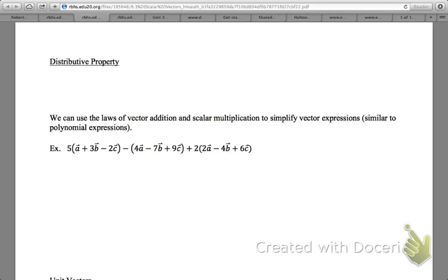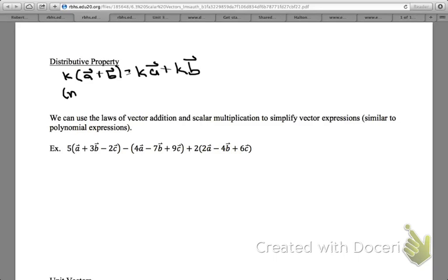So let's go ahead and look at our distributive property. Our distributive property is the same as when we're using our distributive law when we are distributing into a bracket. So if we have our scalar k multiplied by our vectors a plus b, this will just be equal to our scalar k times our vector a plus our scalar k times our vector b.